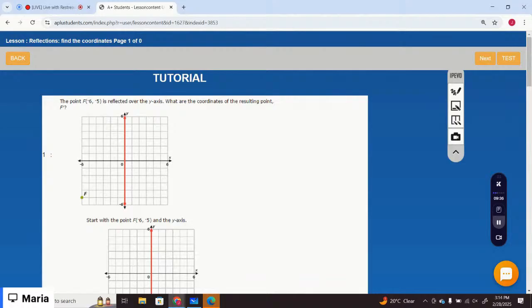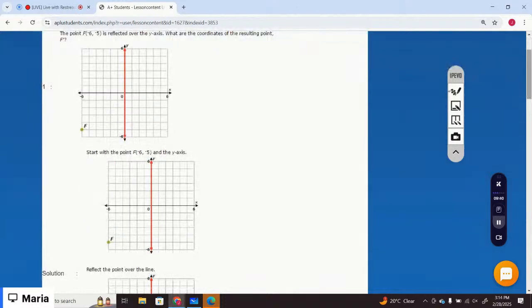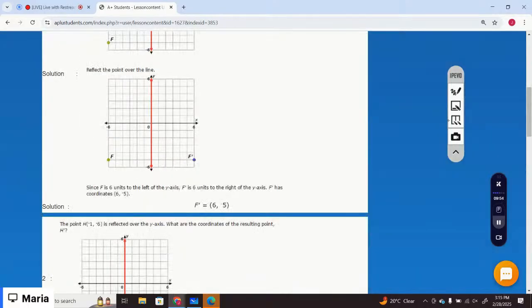What are the coordinates of the resulting point? So the point F is 6 points left of the y-axis, right? So the reflected point would be 6 points right of the y-axis. So here it is. You have to find the coordinates now. The coordinates are (6, -5).